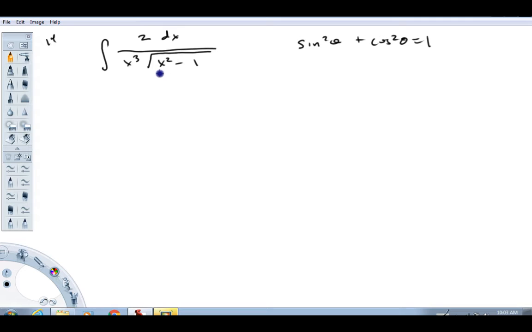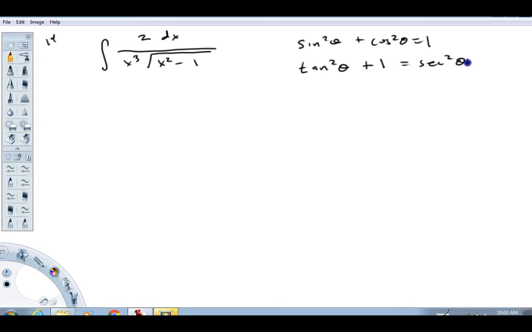Now what I'm looking at here, we have an x squared minus 1. There's no minus 1 anywhere. I could move this minus sign to the left, but then I'd have to move something to the right, and I'd end up with another minus sign. What I'm going to do is take this equation and divide everything by cosine squared to get a different form. So this is going to read tan squared theta plus 1 equals secant squared theta.